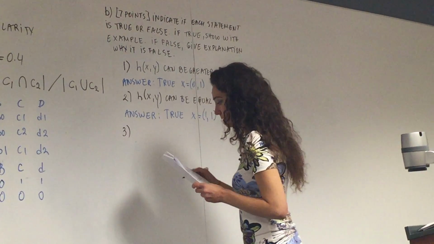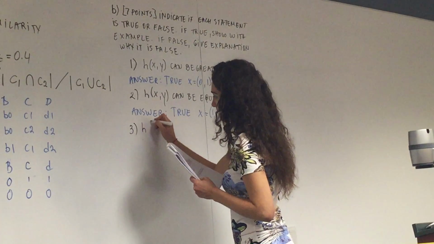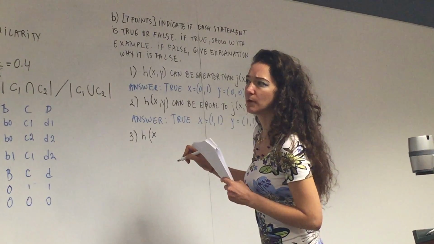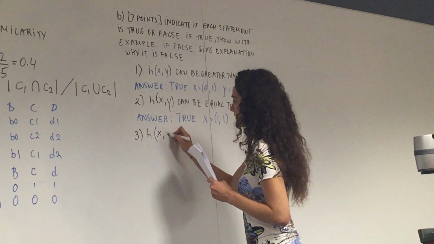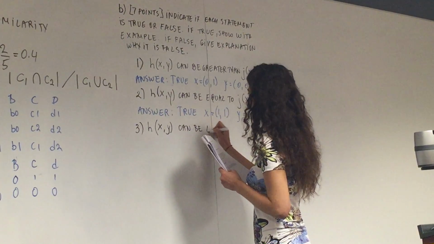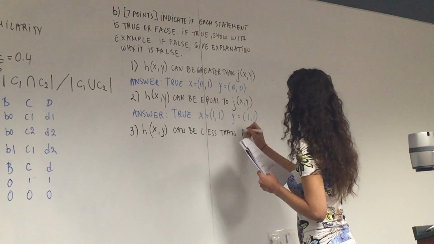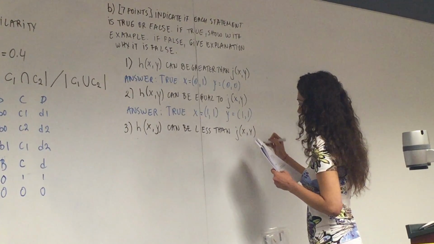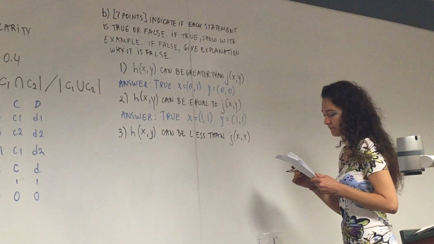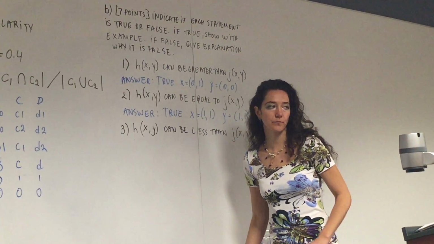And the next statement: Hamming similarity can be less than the Jaccard similarity. And the answer is that it's false.